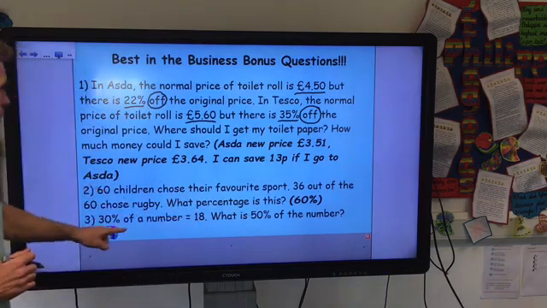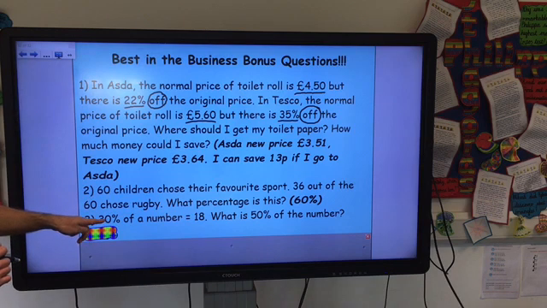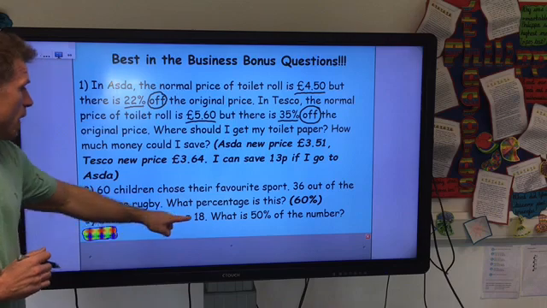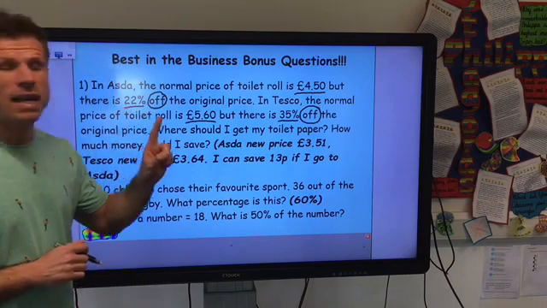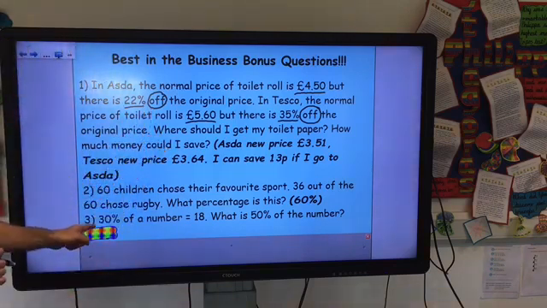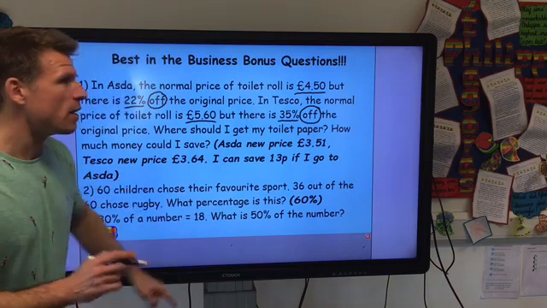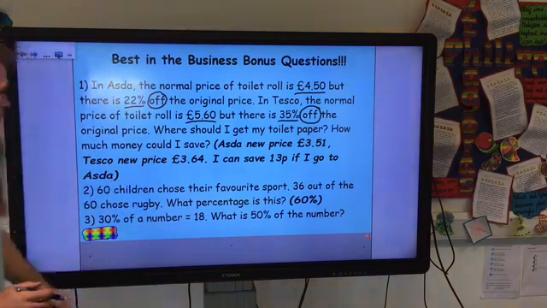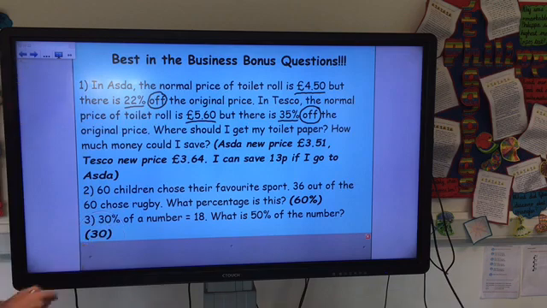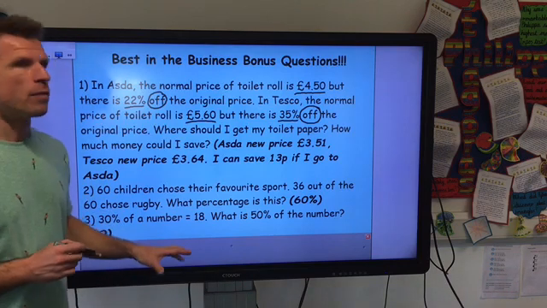If 30% is 18, 30% is 3 times as many as 10%, so 18 divided by 3 is 6. 10% is 6. So if 10% is 6, to find 50%, you've got to multiply it by 5. The answer is 30.